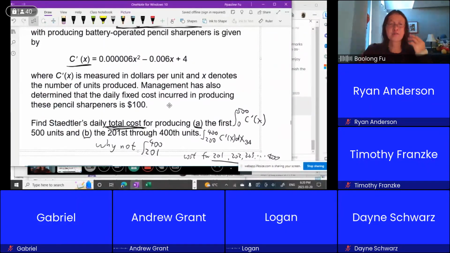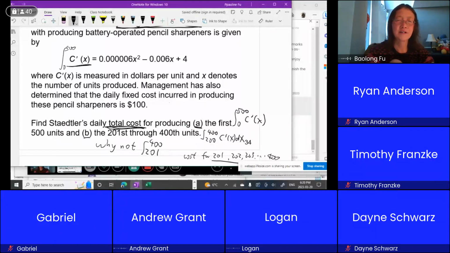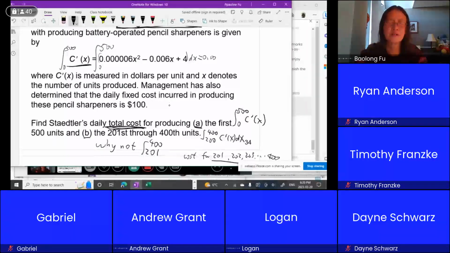All right, so let's solve this question. Question A becomes from 0 to 500, and then dx. So it is equal to 0. Copy down the constant, and then use the fundamental x to the n.